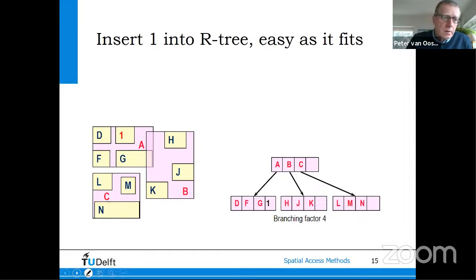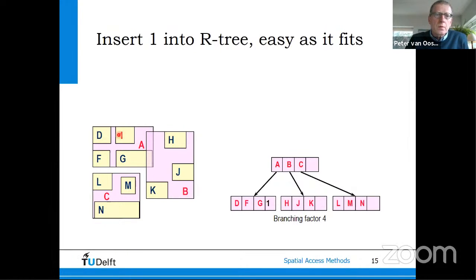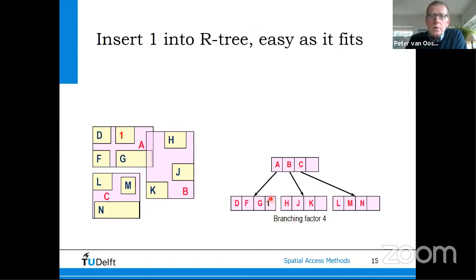It fits directly over here because there was a free slot. So I can store it over here, and not only because there's a free slot, I do not need to increase the size of A to cover object 1.